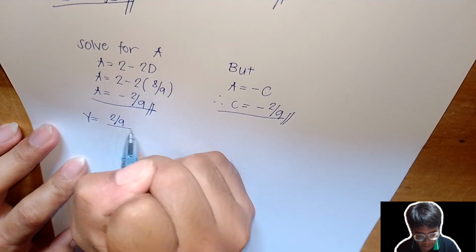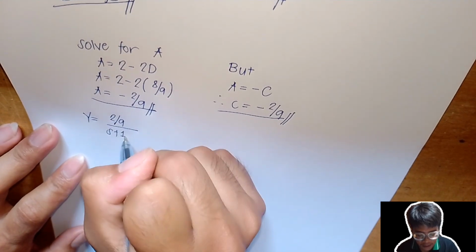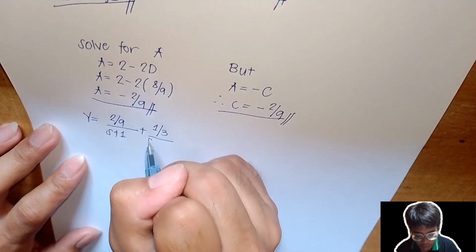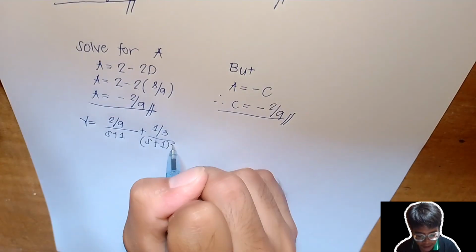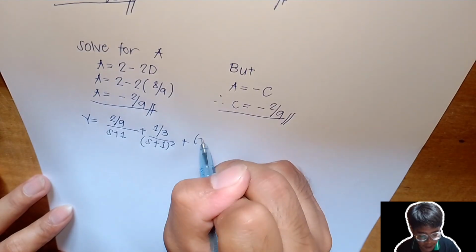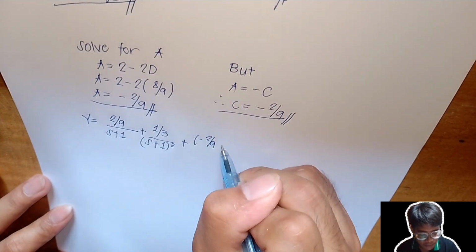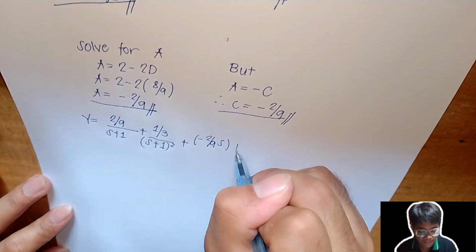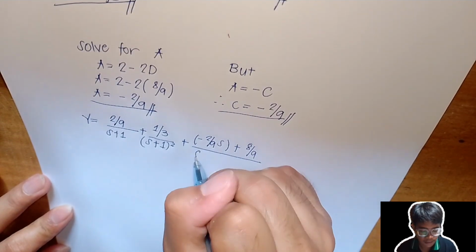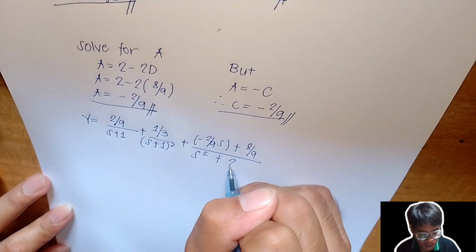Y is equal to 2 over 9 over s plus 1 plus 1/3 over s plus 1 squared plus negative 2 over 9 s plus 8 over 9 over s squared plus 2.